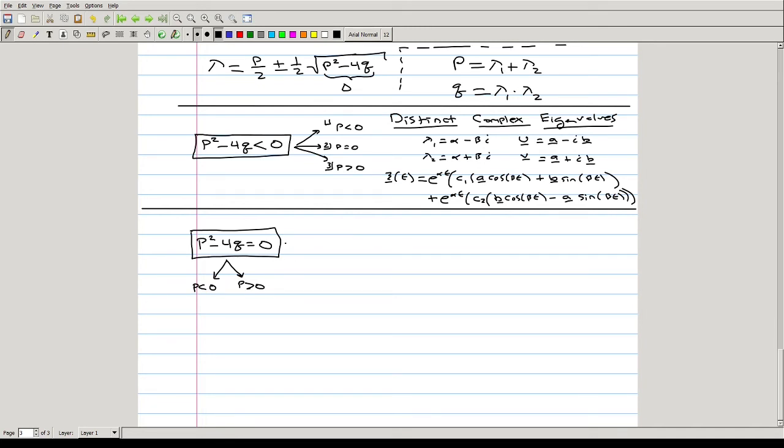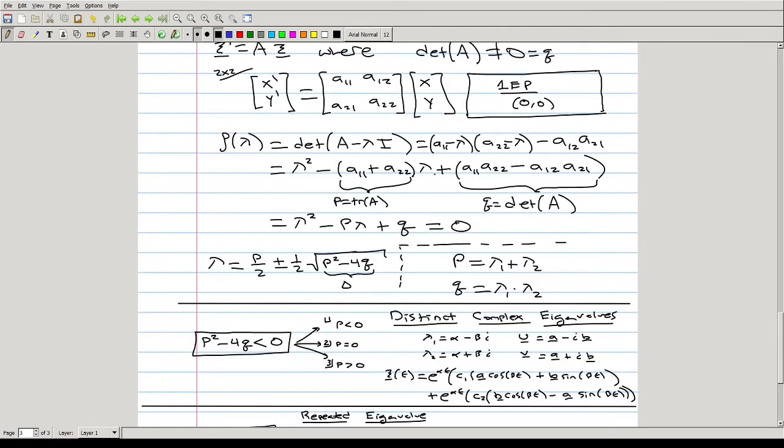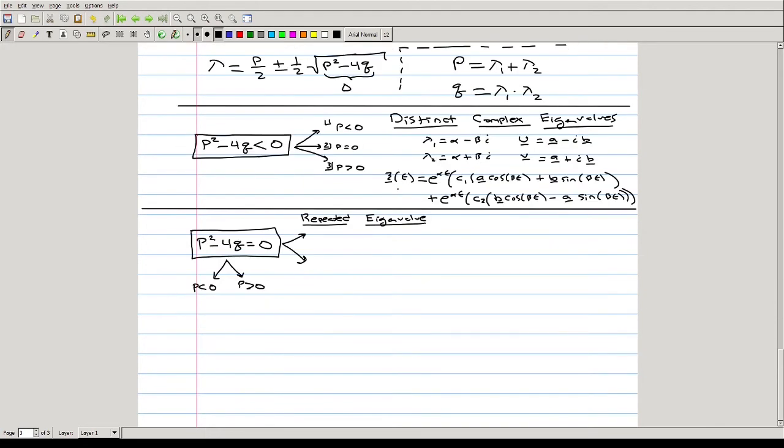And this generates then two cases that we have to consider. So we have a repeated eigenvalue, we'll say lambda 1 is equal to alpha, and lambda 2 is equal to alpha.